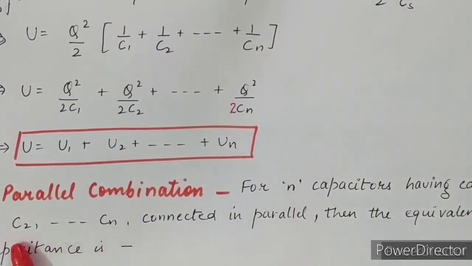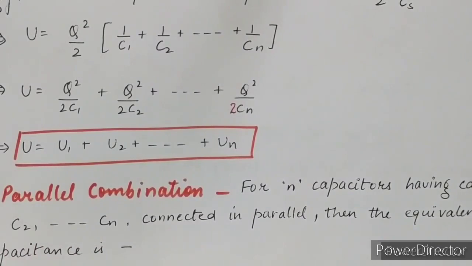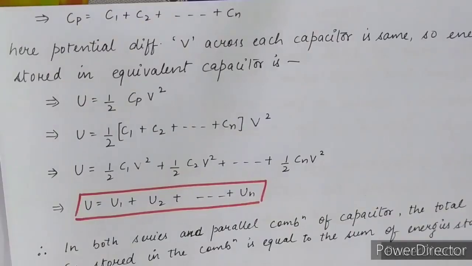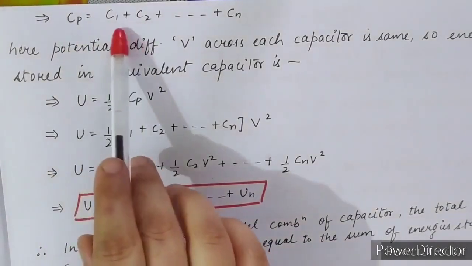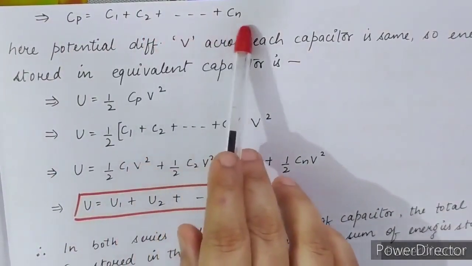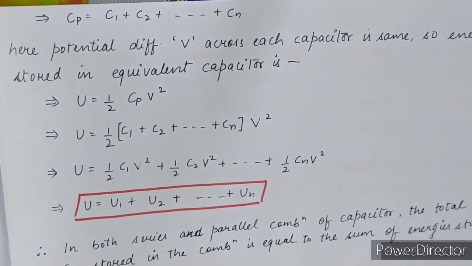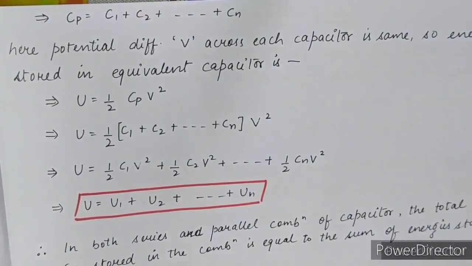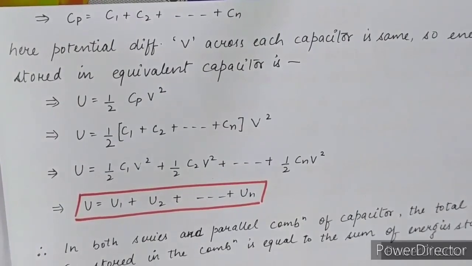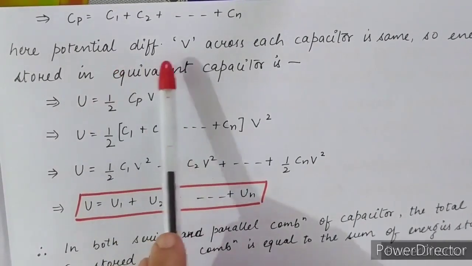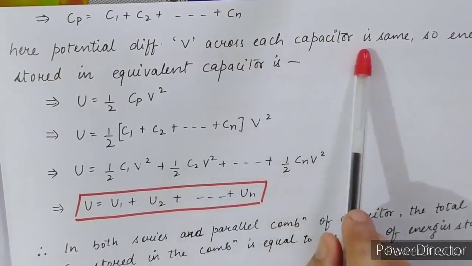As we know very well, for the parallel combination the formula of equivalent capacitance is Cp is equal to C1 plus C2 plus so on Cn. Now we know that in a parallel combination the potential difference remains the same, just as in a series combination the charge remains the same for each capacitor. Similarly, in a parallel combination the potential difference V across each capacitor is the same.